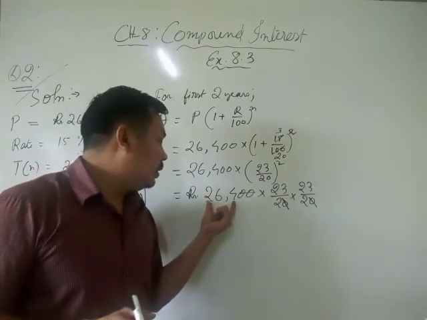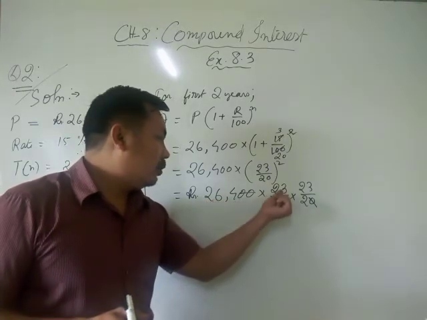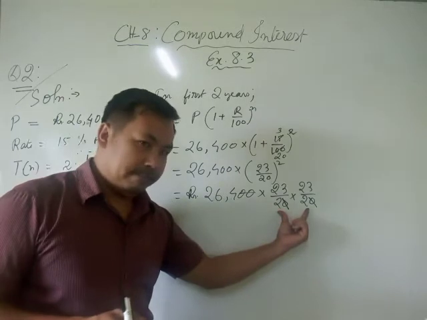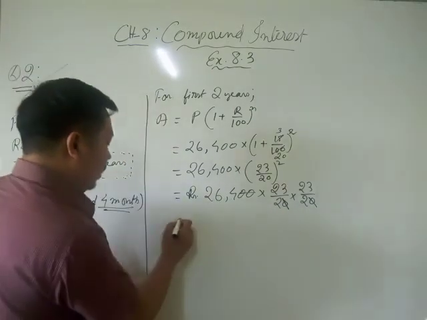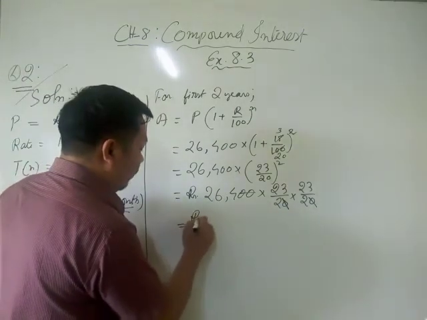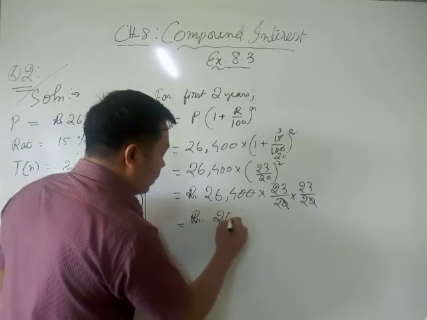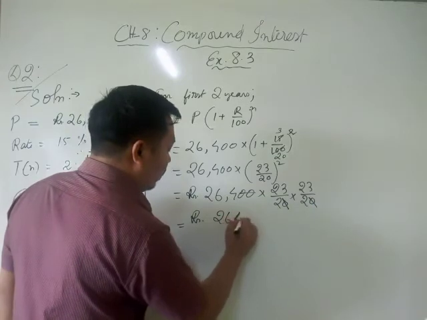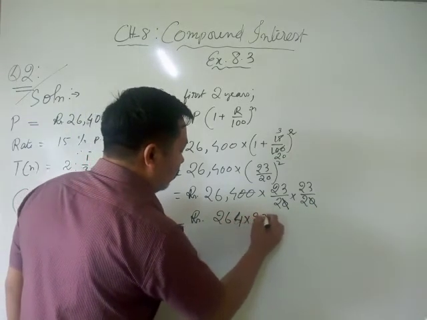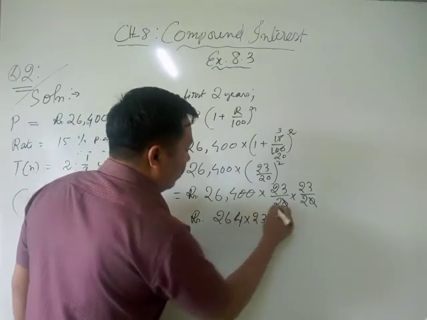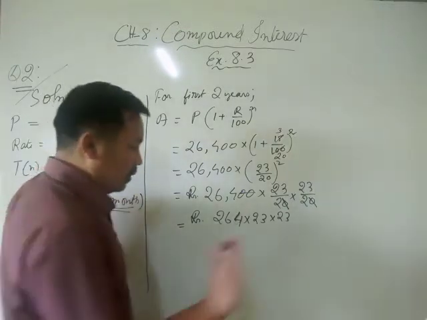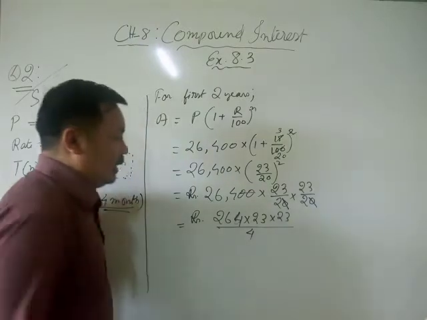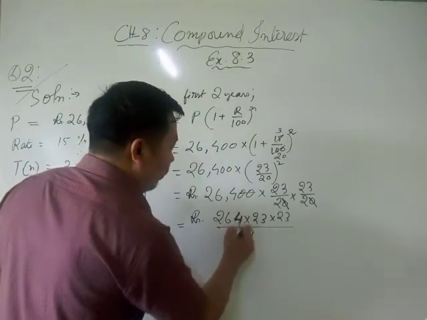First you calculate this 264 and 23, then again multiply 23, then divide by 4. Isn't it? So 264 into 23 into 23 or 23 square, then divide by 4. This calculation, this figure I will show you with my calculation.